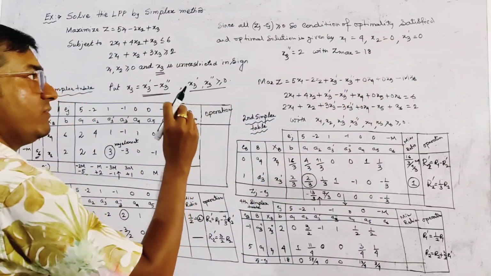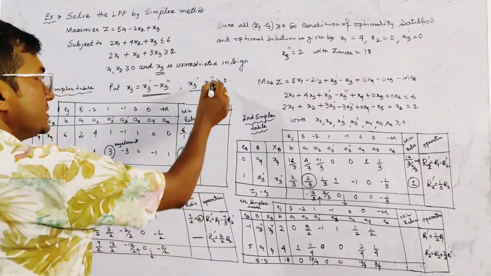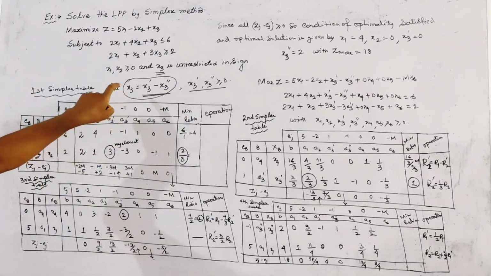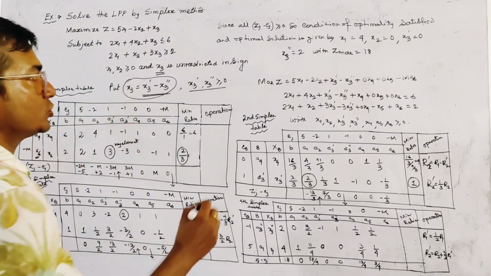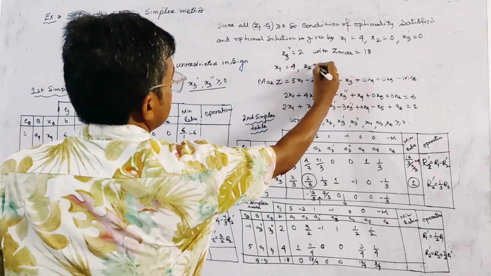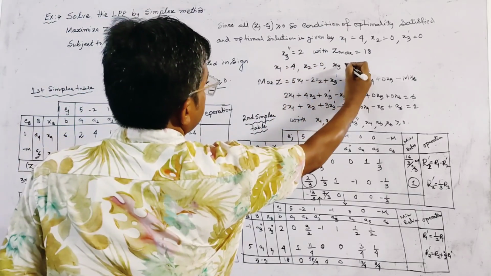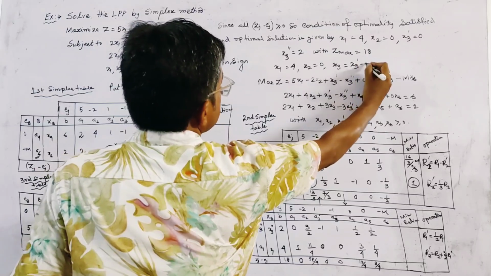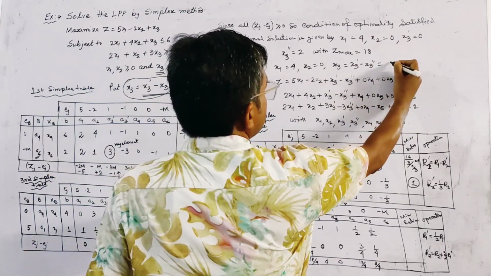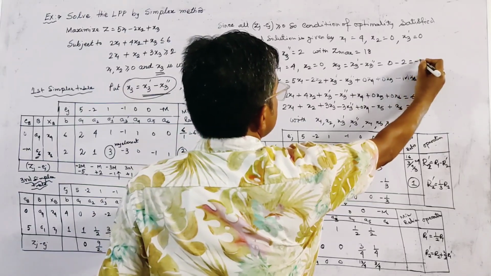And we write the final answer as, since this is an unrestricted variable, we have to find the value of x3. Okay, so we get x1 equal to 4, x2 equal to 0, and x3 equal to x3 dash minus x3 double dash, which is given by 0 minus 2, this is minus 2.